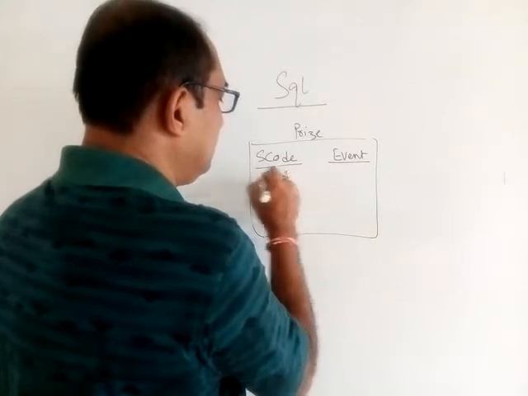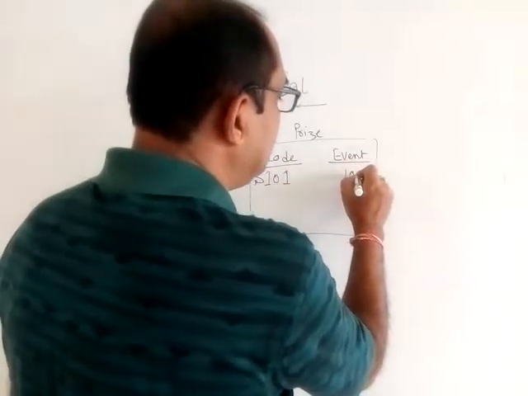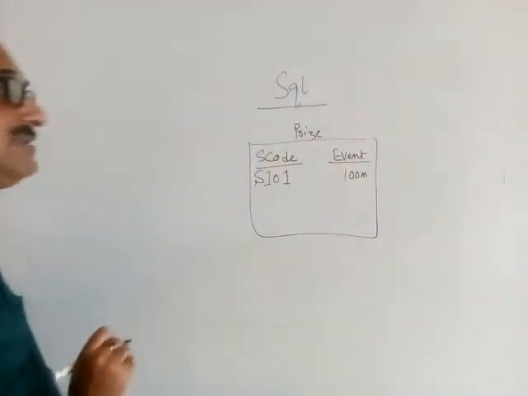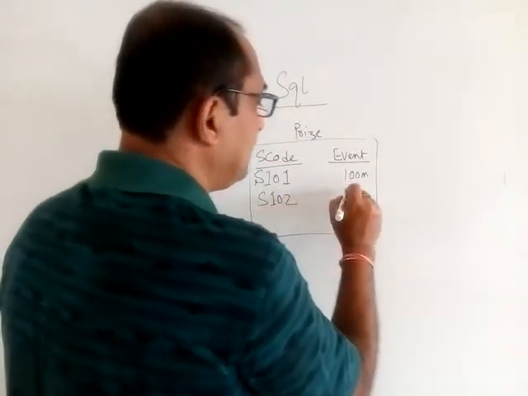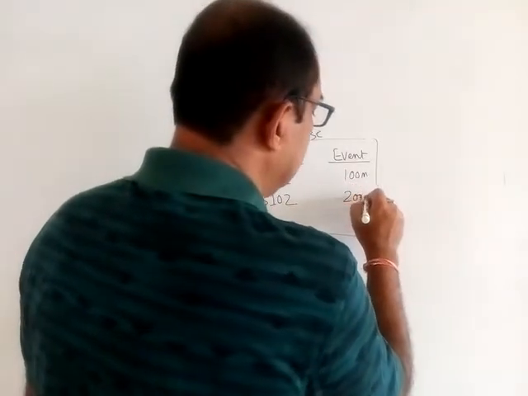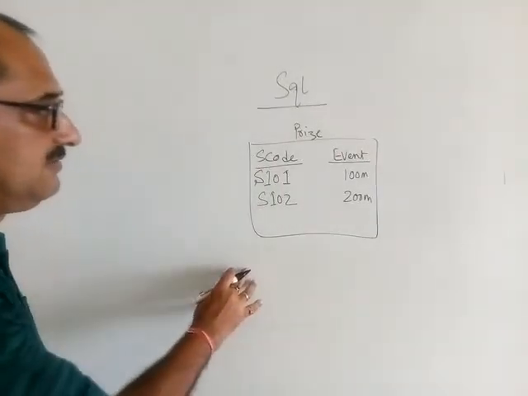So say student 101 in the event of say 100 meters has won a prize. S102 say has won a prize in 200 meters. Just like that, I noted down different prize winners.